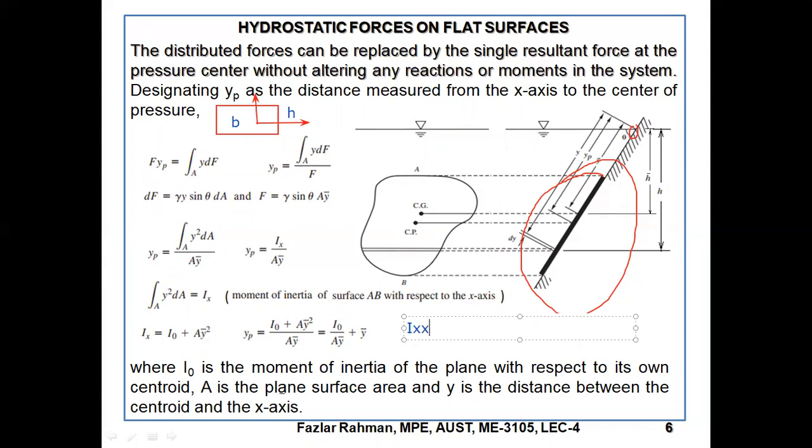You forgot? 1 by 12 b h cube, right? This is Ixx. But what will be Iyy? In that case, 1 by 12, b will be my h, so h into b cube, right?